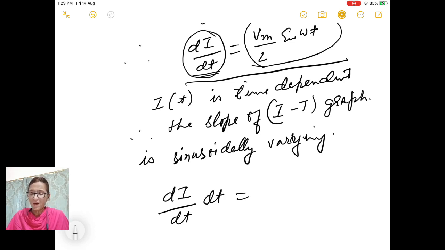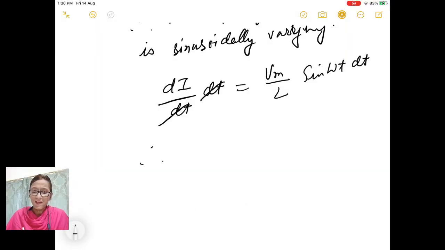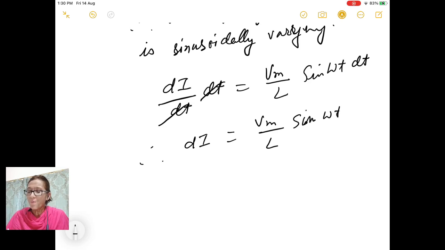So you get this quantity. This is equal to Vm upon L sin omega t, and this should also be multiplied by dt. Here dt and dt cancel. So therefore, for finding the value of I, the equation di is equal to Vm upon L sin omega t dt should be integrated.